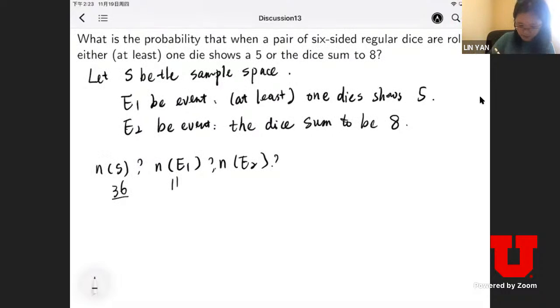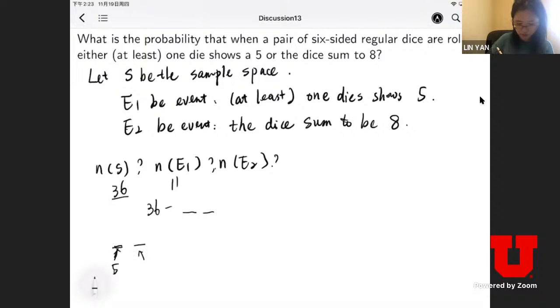It is correct. That is the total number, 36, minus the cases where there is no 5. If there is no 5, that means we can choose the first die from 5 integers, that is 1, 2, 3, 4, and 6.